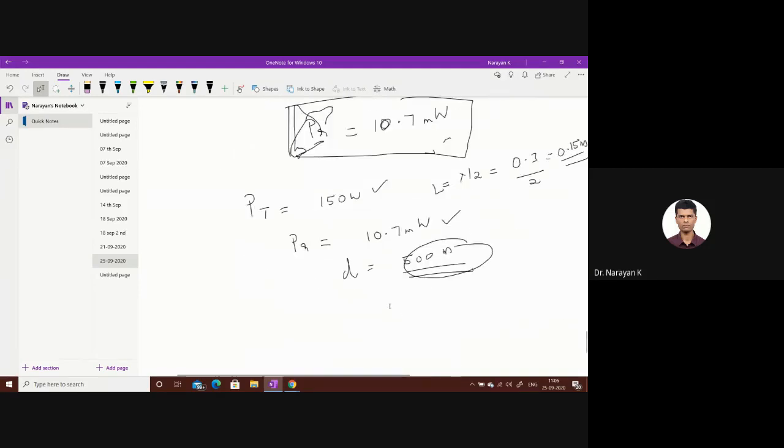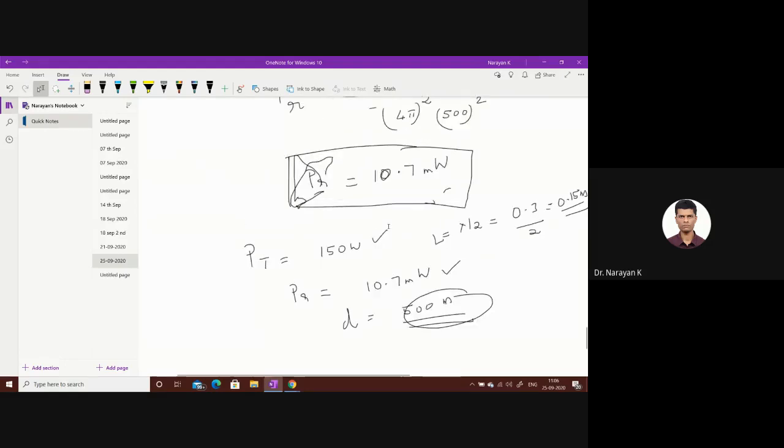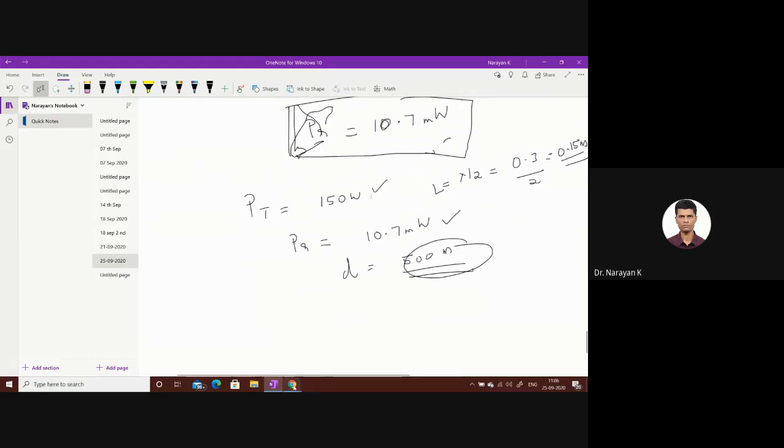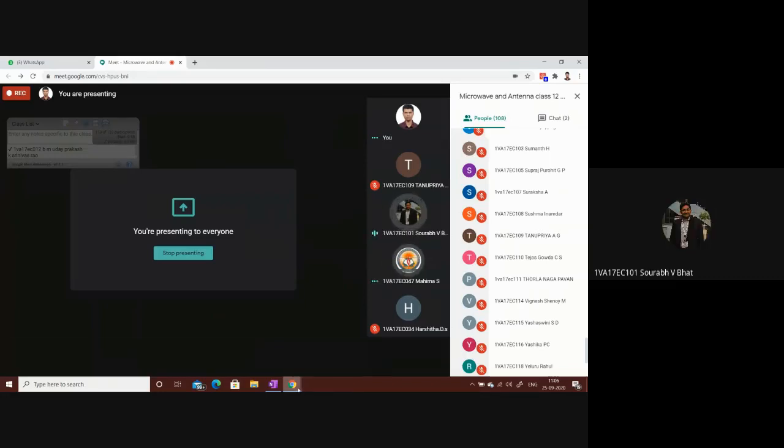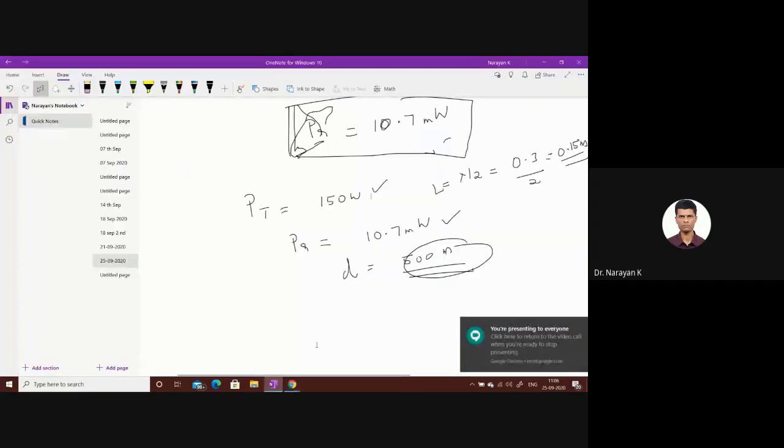What happens to the received power? 43.22 milliwatts, sir. So as you increase the length of the antenna, your power received increases.